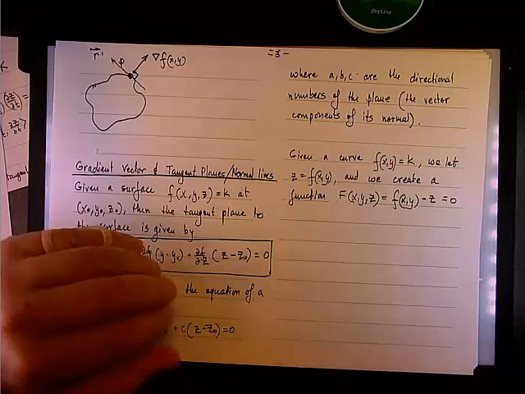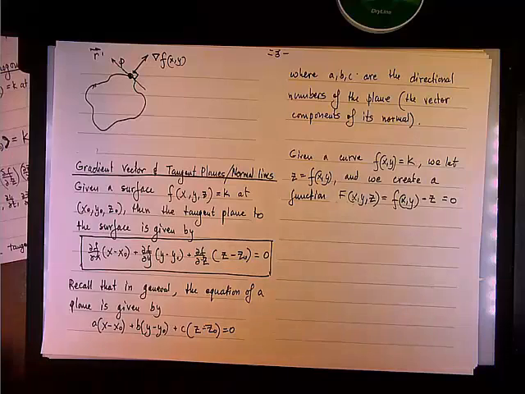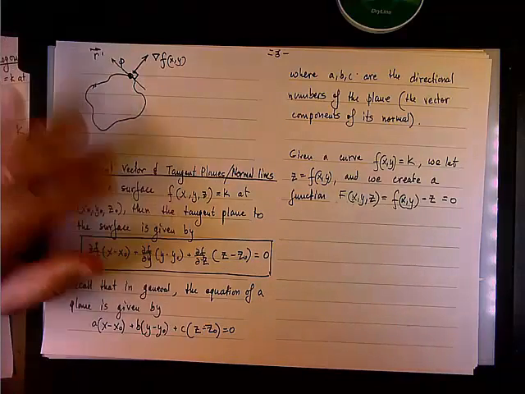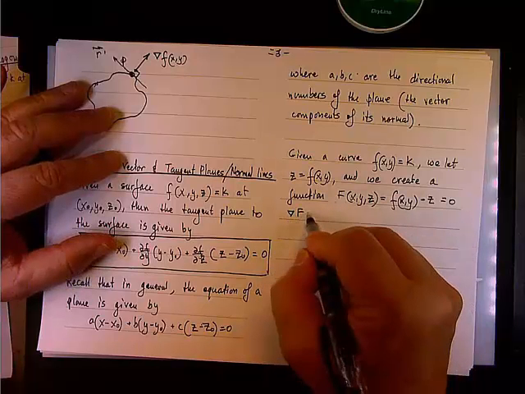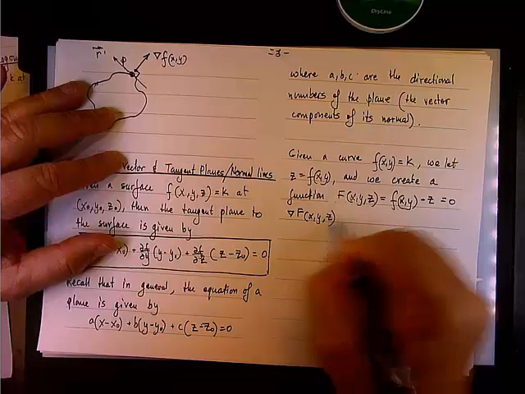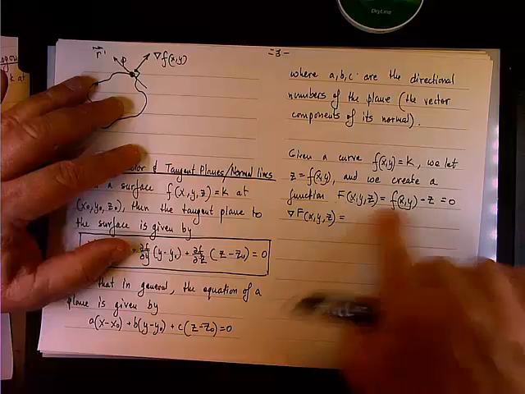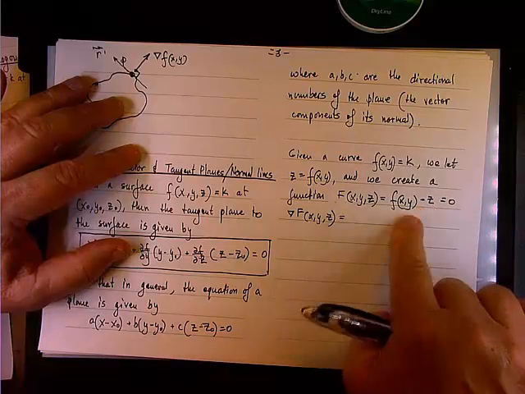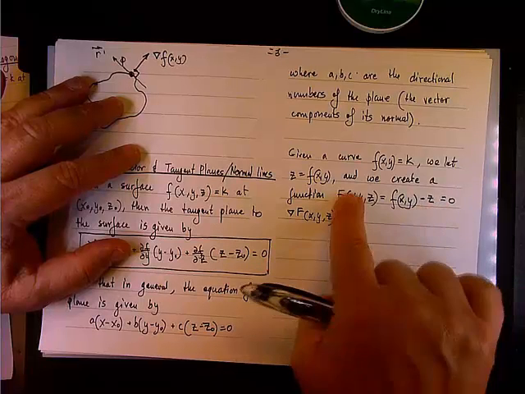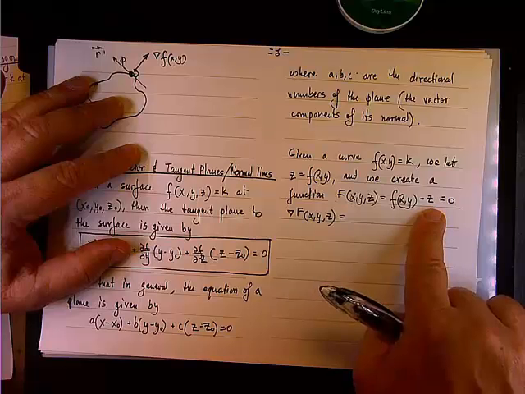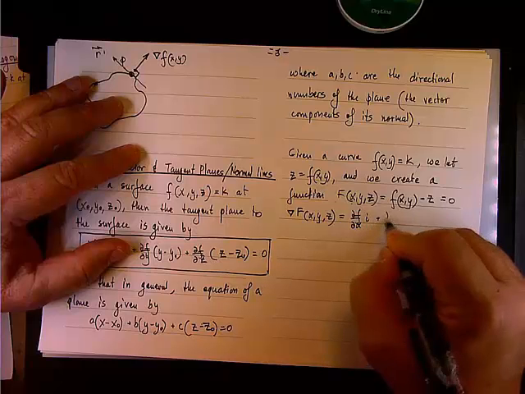And now we're going to do the same thing. We're going to set up an equation of a plane. What is the gradient here? Del F, the new one, of x, y, z. We take the derivative: del f del x plus del f del y, and the derivative of big F with respect to z is simply -1.